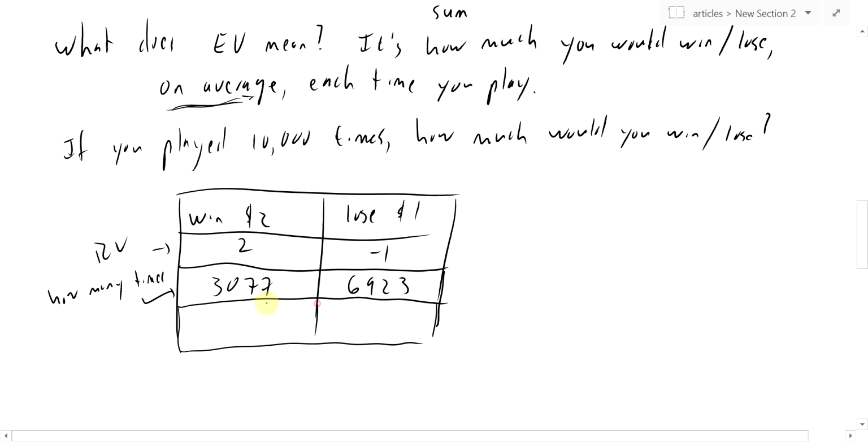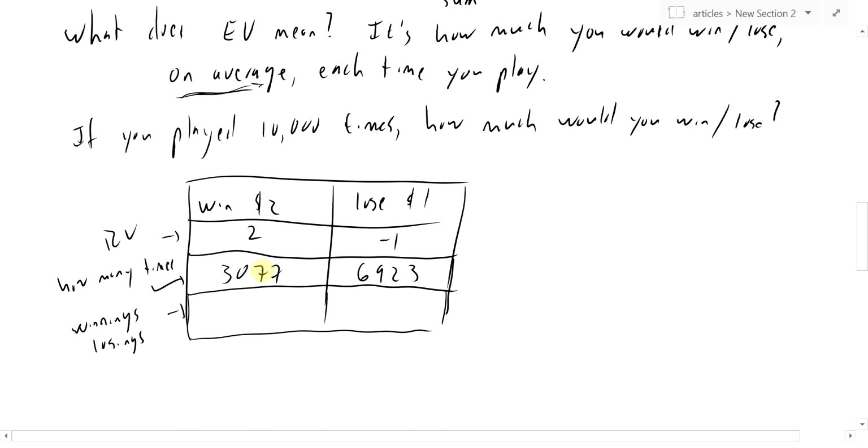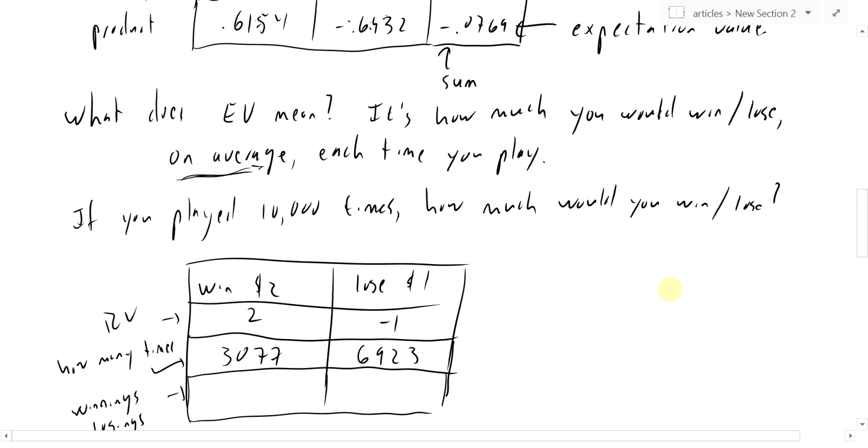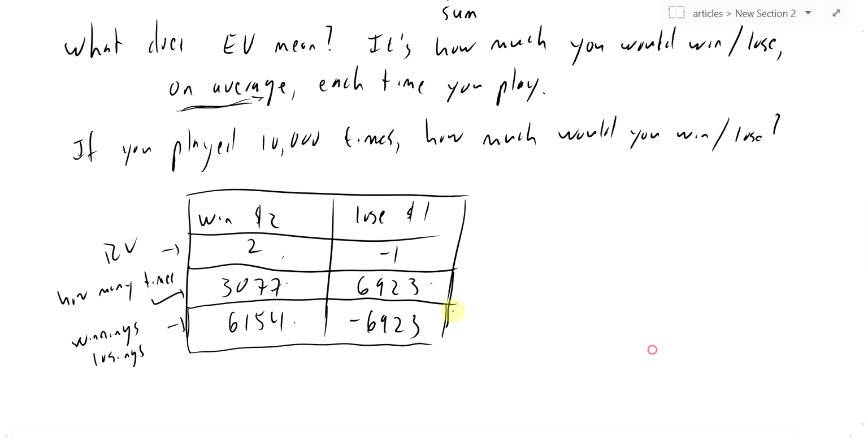Great. So what are your winnings, or losings, I guess, losses. Well, if you win $2 every time you win, and you win 3,077 times, you win $6,154. If you lose $1 each time you lose, and you lose 6,923 times, you lose 6,923. 2 times 3,077 is 6,154, minus 1 times 6,923 is minus 6,923.